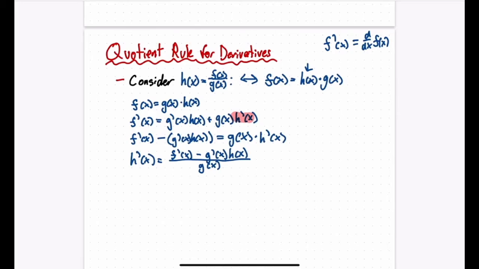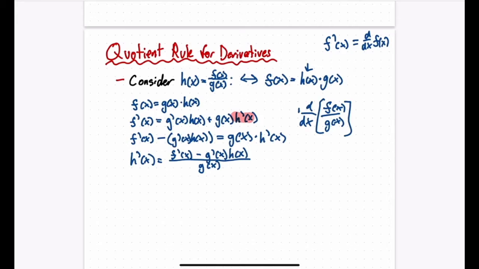But what we don't love in here is the fact that we still have that h of x, because when we're finding the derivative, having the original in the statement isn't super helpful, because it just makes the whole thing a little bit muddied, particularly if we haven't been given an h of x, we've just been given f of x over g of x, right? If we wanted to calculate just this, we don't have that h of x, and trying to figure that out so that we put it in doesn't really make all that much sense.